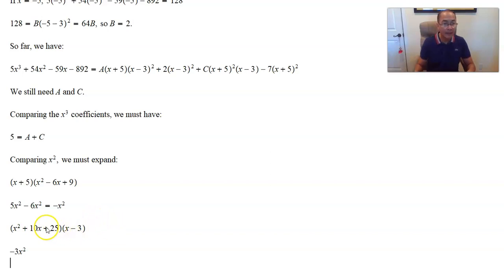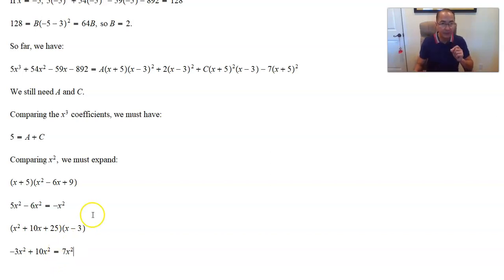And then 10x can multiply by x to give you plus 10x squared. All we care about is the x squared term. I don't need 25x, I don't need minus 30x, minus 7. We don't need any of that stuff. So we get 7x squared there.